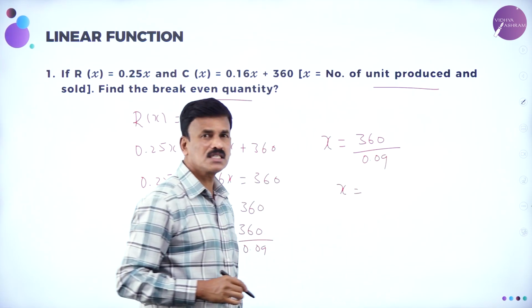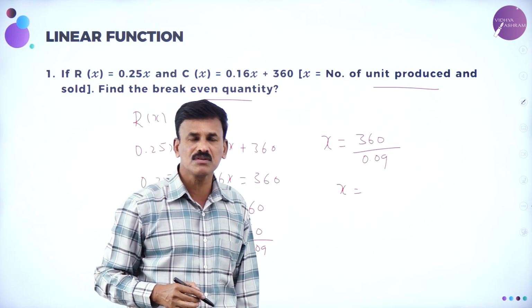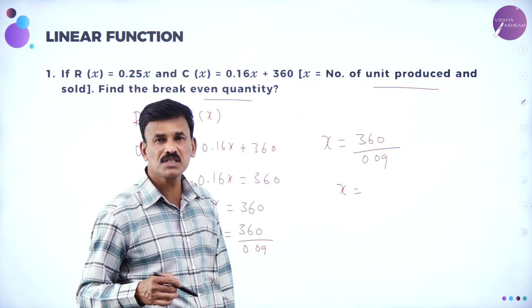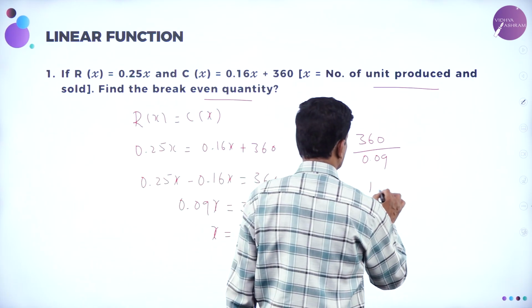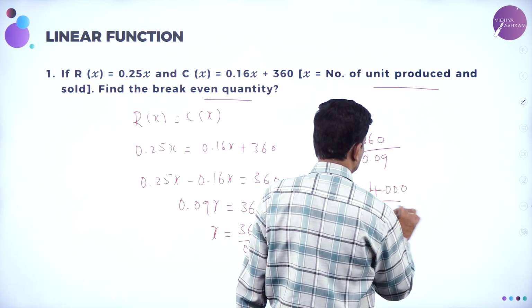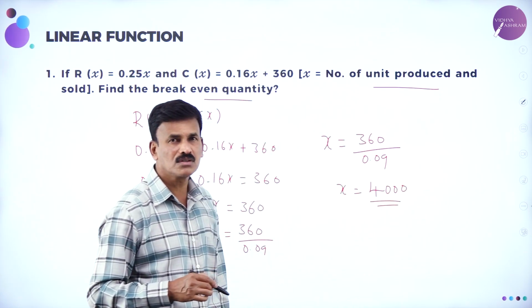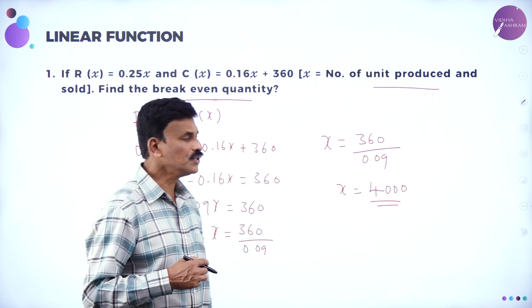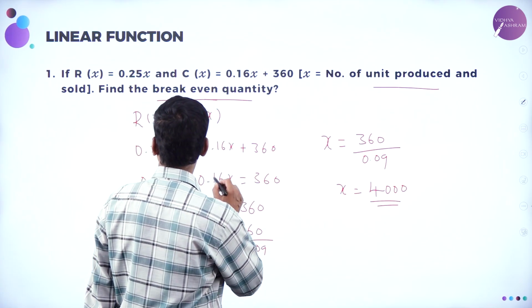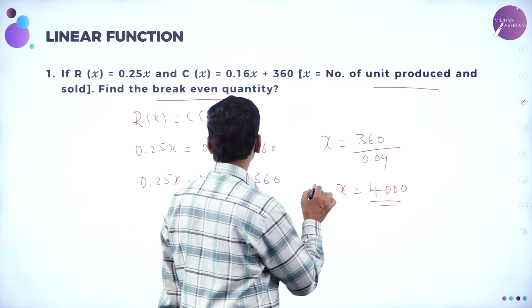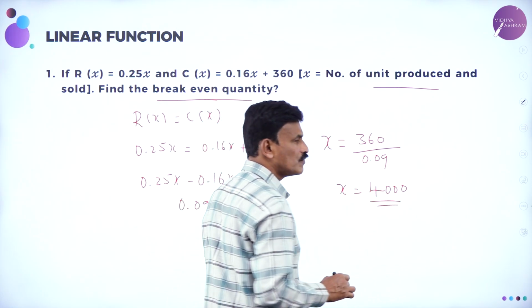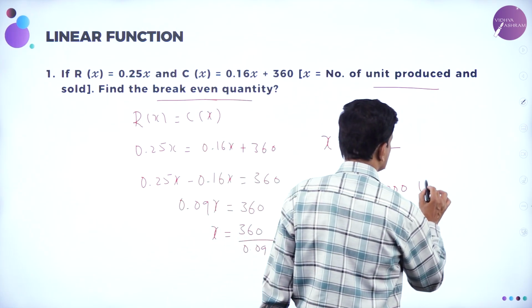If you divide 360 by 0.09, you get 4000. So the required value of X is 4000. Therefore, the break-even quantity is equal to 4000 units.